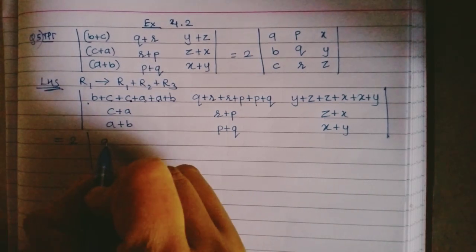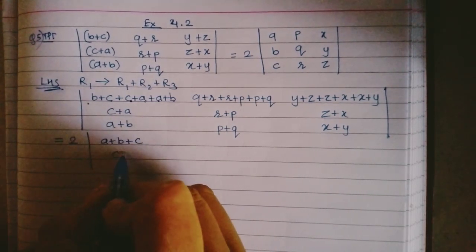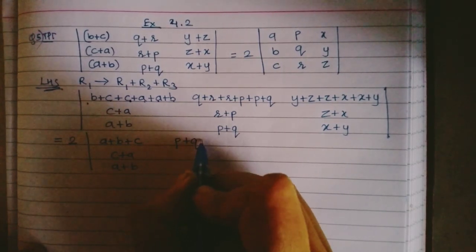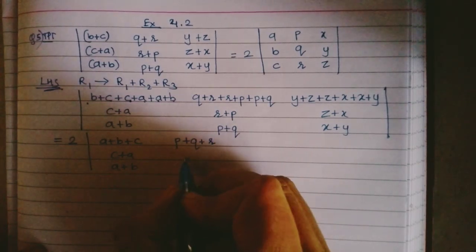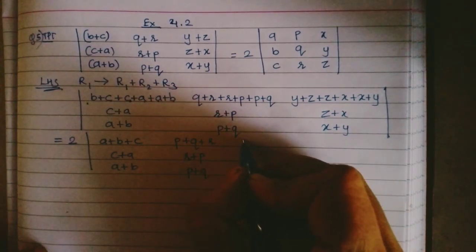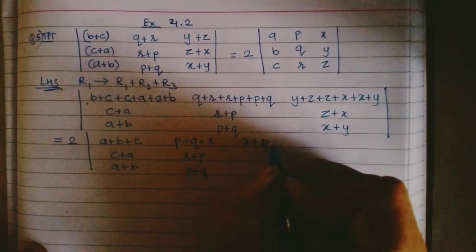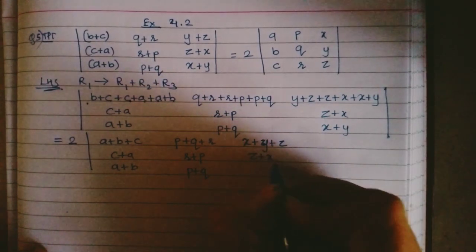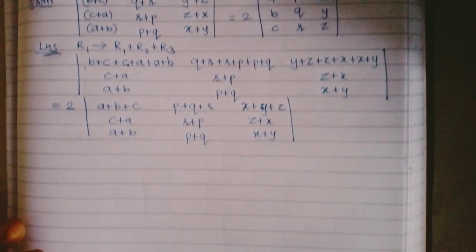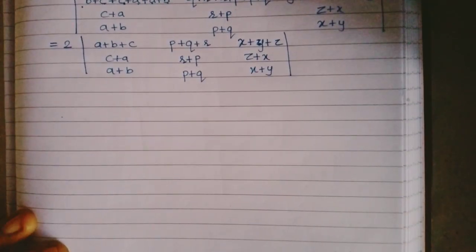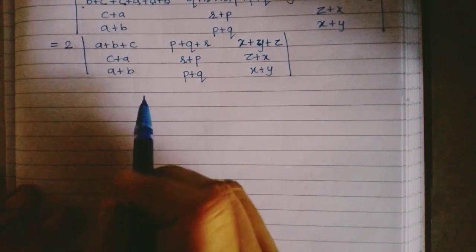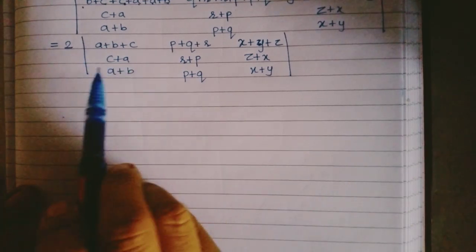So we'll get A plus B plus C, P plus Q plus R, and X plus Y plus Z. So here 2 we have taken outside.